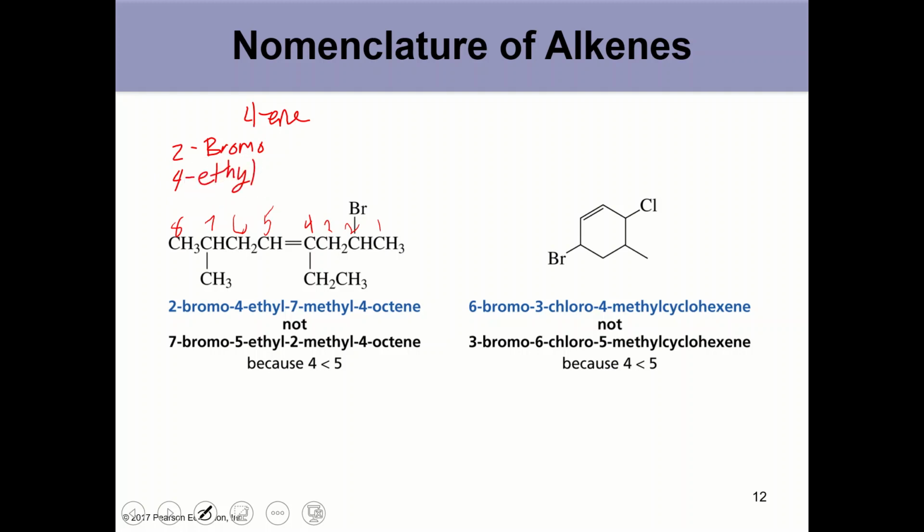And methyl at carbon 7. So when you name this molecule, you will be listing the substituents in alphabetical order: 2-bromo, 4-ethyl, 7-methyl, 4-octene.